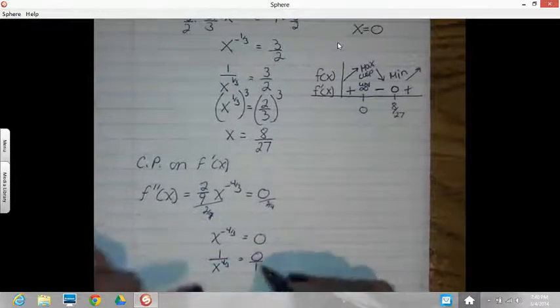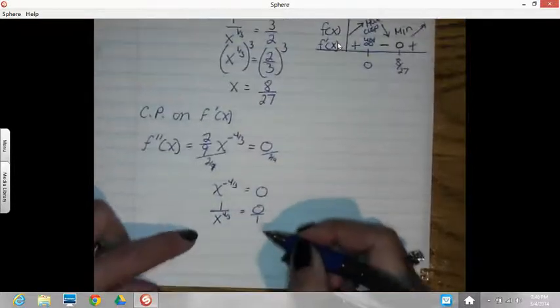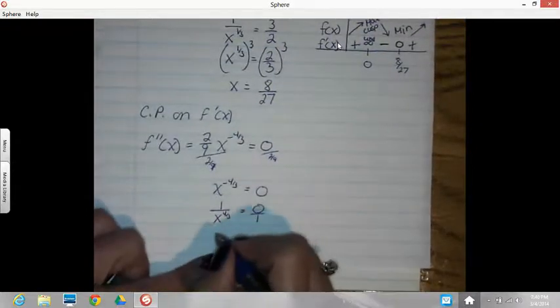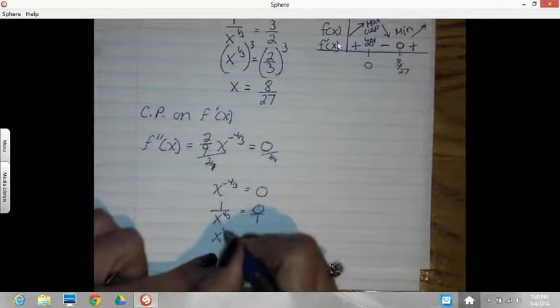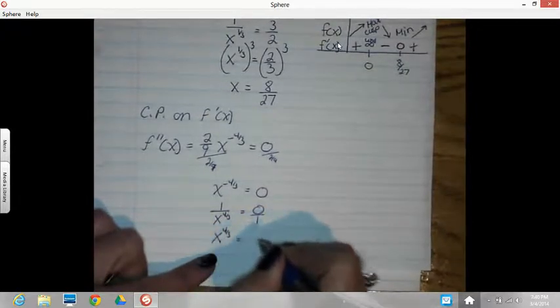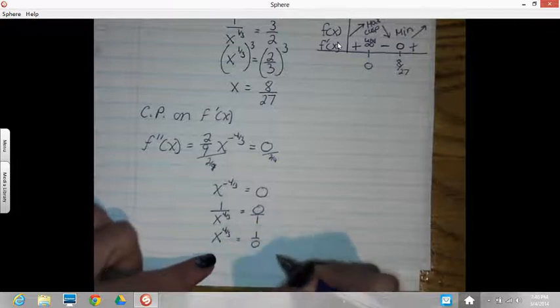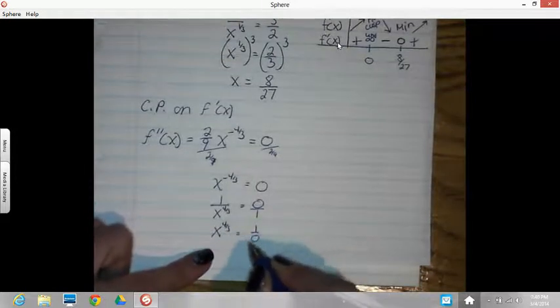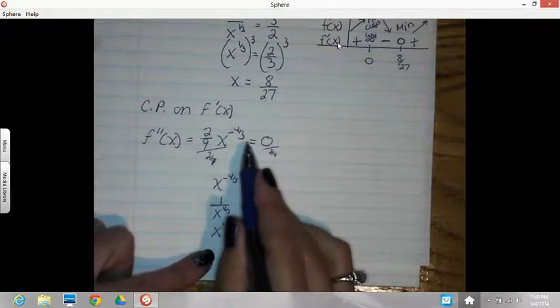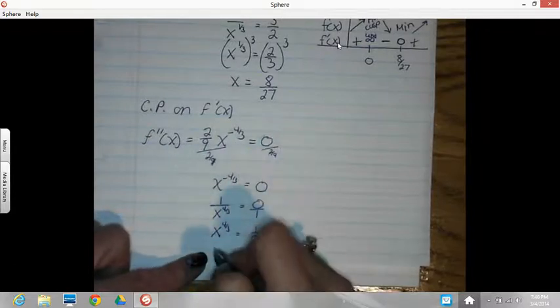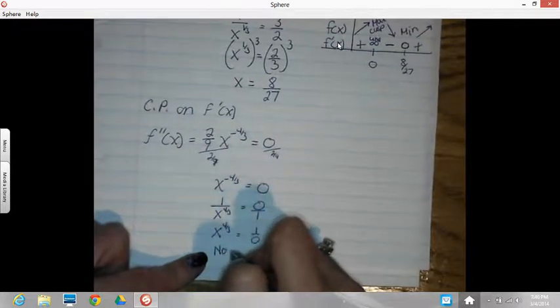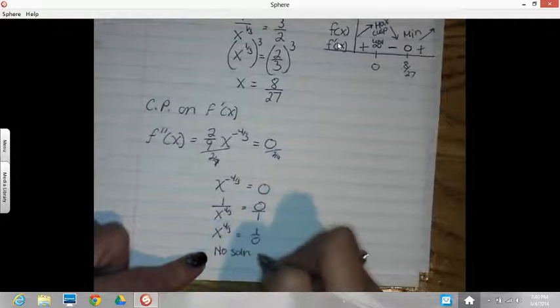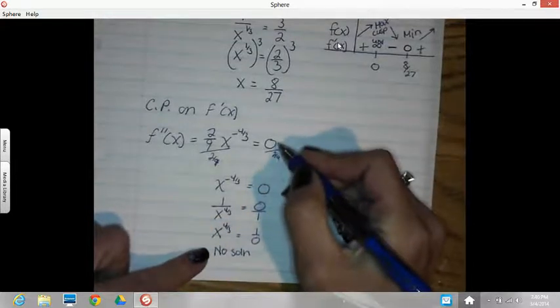If I try to flip this, look at what happens on this side over here. I get x to the 4/3 equals 1 over 0. That's infinity, that's undefined. There is no solution that makes the second derivative equal 0. But there is a solution that makes it undefined.